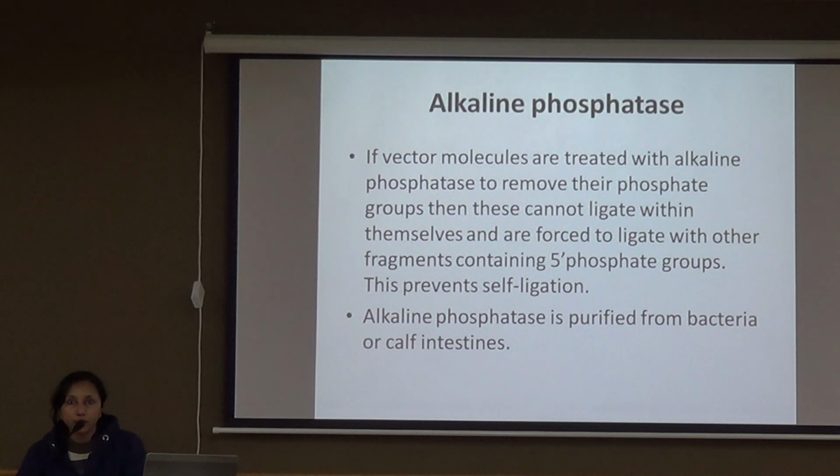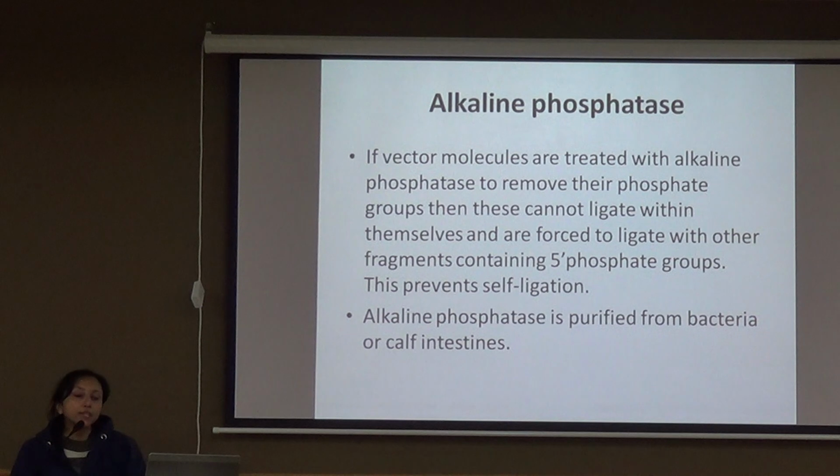It needs a DNA from outside to come and provide the 5' phosphate. So when the DNA insert comes in and joins, only then can the vector ligate to the DNA insert and not self-ligate. So alkaline phosphatase is used to remove the 5' phosphate from the vector to prevent self-ligation.